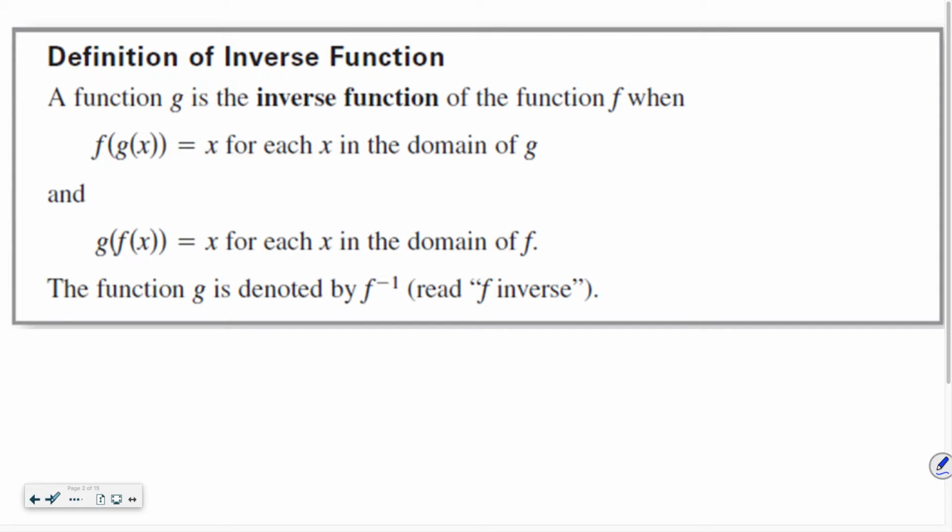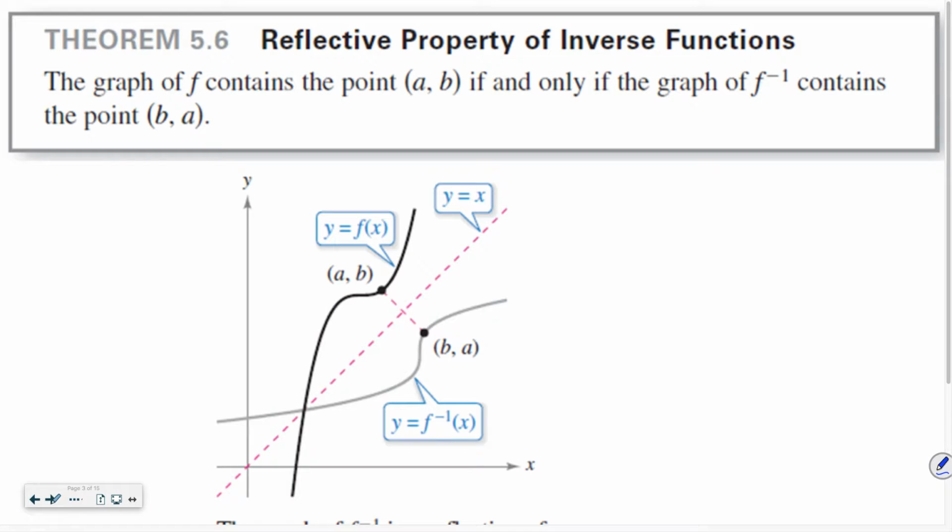So if we have an inverse, when we plug it in, we should be left with x. A cube root and a cube are going to undo each other. You're just going to be left with x. That's how we prove we have functions that are inverses of each other. Like Pod 1 mentioned, inverses, their graphs reflect about the line y equals x.